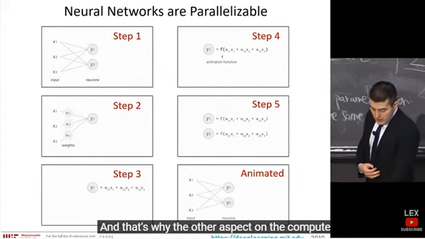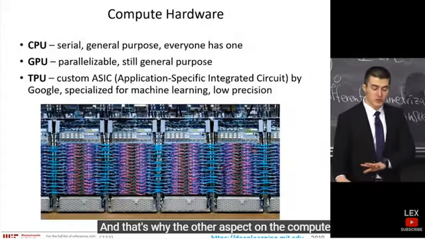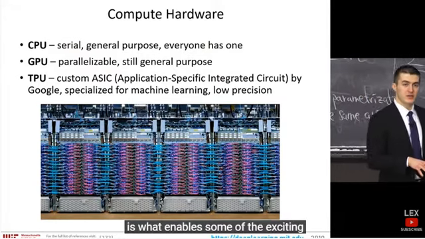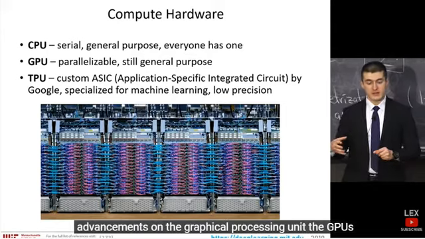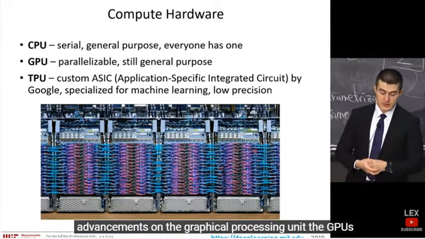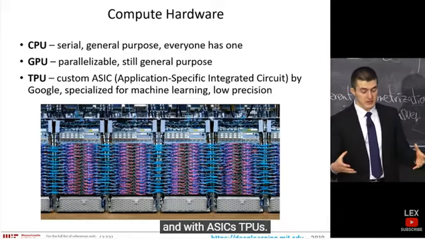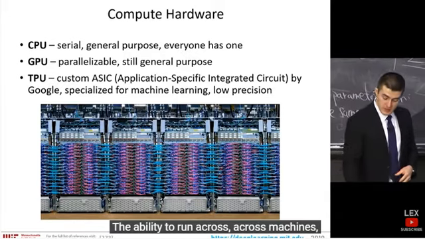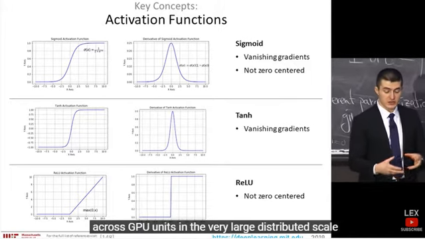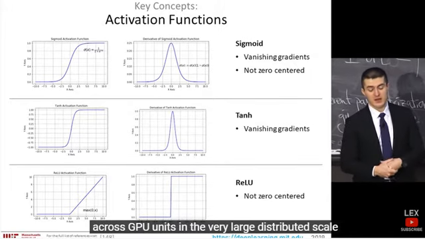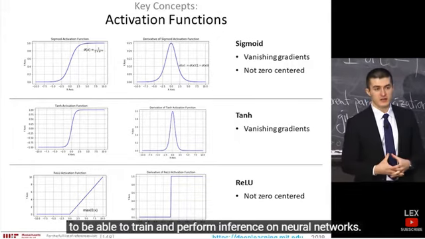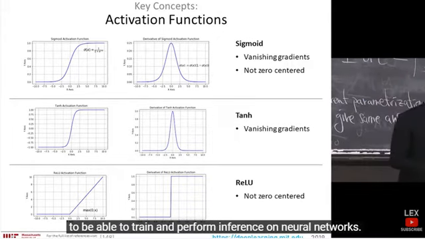And that's why the other aspect on the compute, the parallelizability of neural networks, is what enables some of the exciting advancements on the graphical processing unit, the GPUs, and with ASICs, TPUs. The ability to run across machines, across GPU units, at a very large distributed scale, to be able to train and perform inference on neural networks.